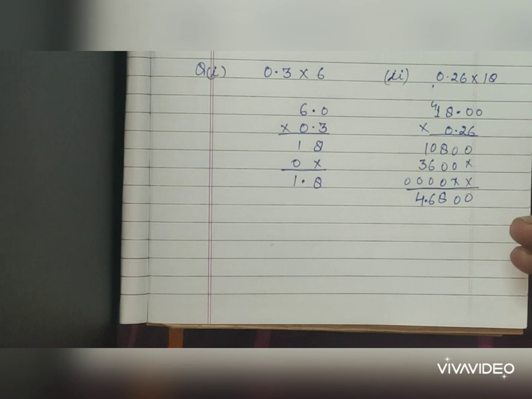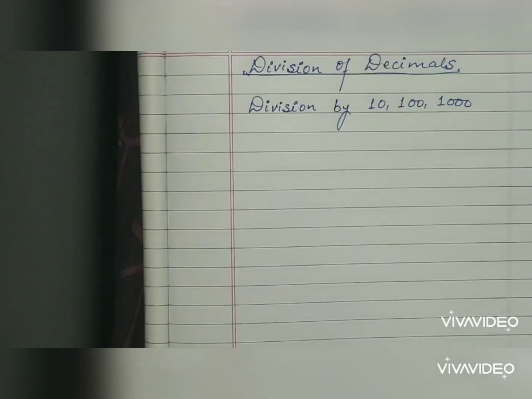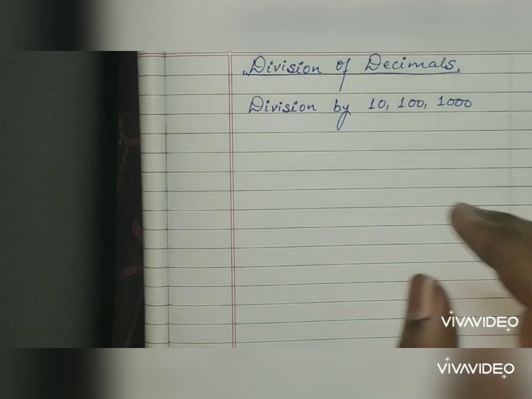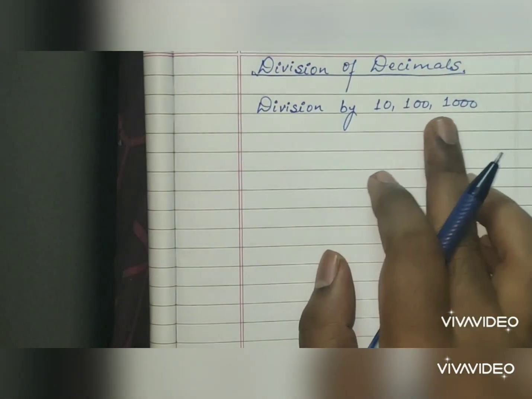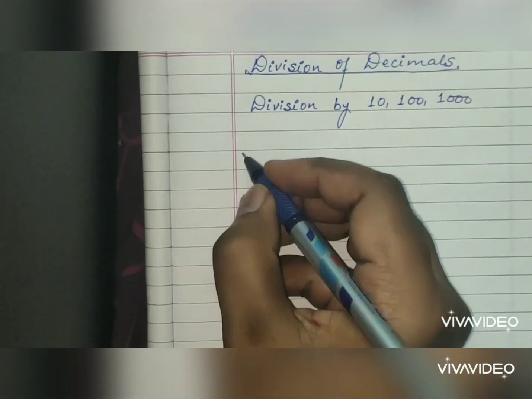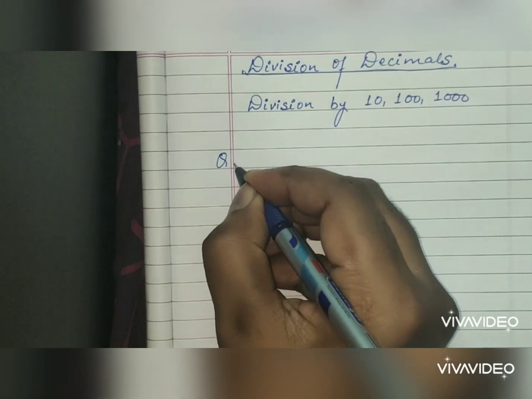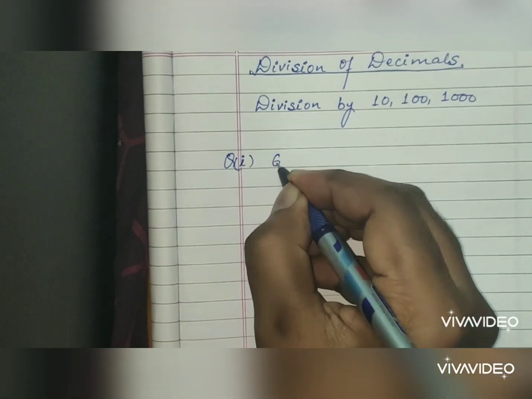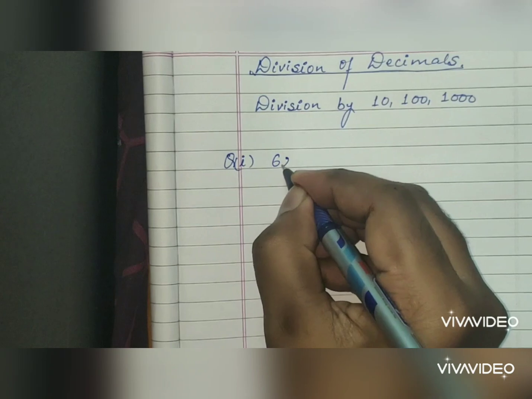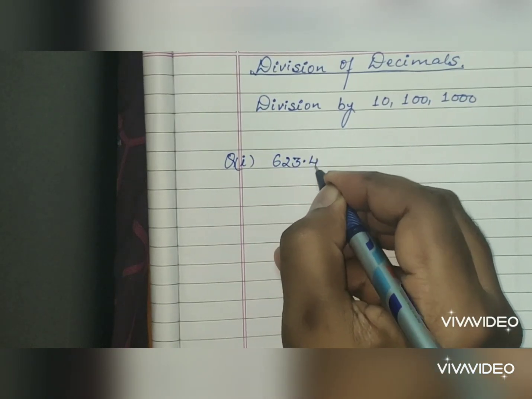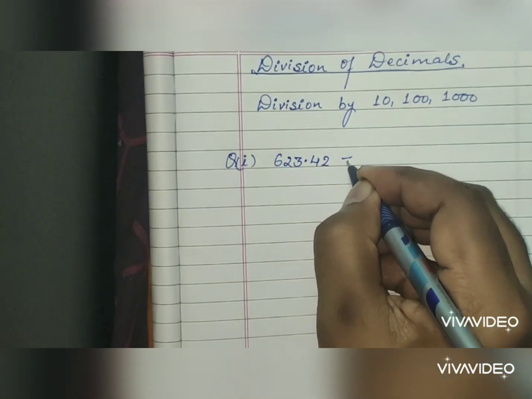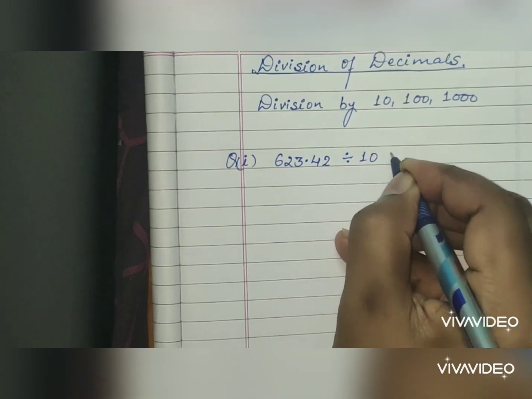Clear? Now let's see how the division of decimals is done. So division by 10, 100 and 1000. Let's understand with a question. Suppose a question is given: 623.42 divided by 10.